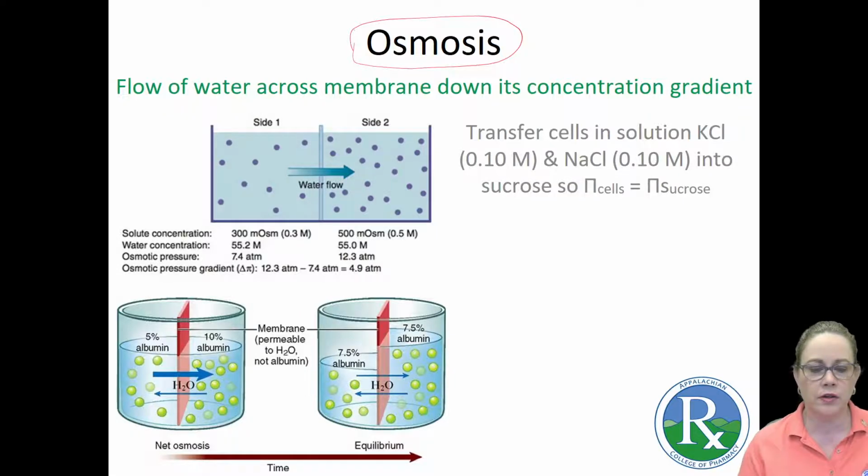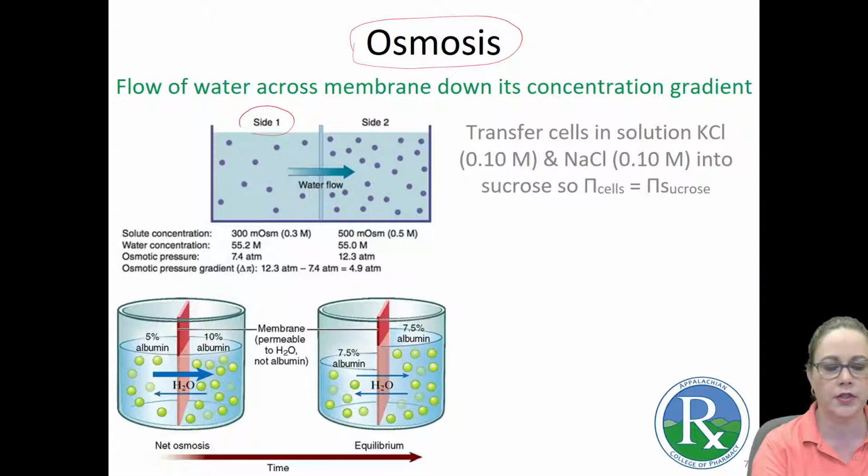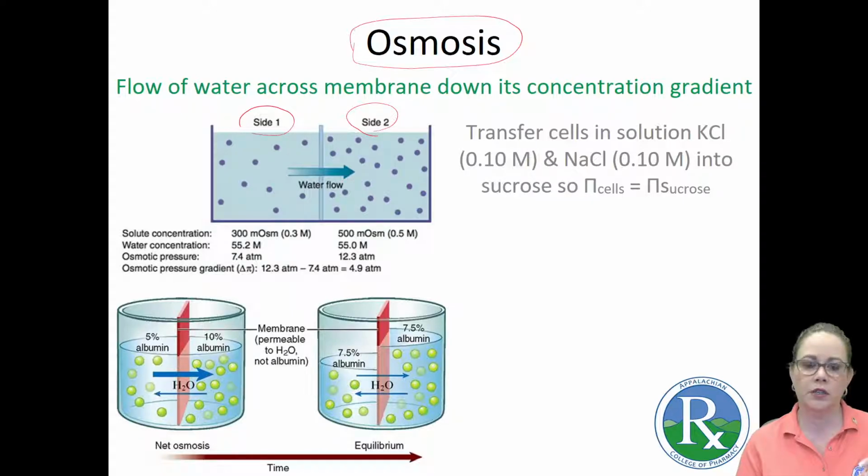So if we look at our top figure here, we have side 1 and side 2. Let's take that back. Whatever side has a higher solute concentration is going to have a lower water concentration, right? And that's because every time you add a particle or solute to the water, you're diluting the water, essentially.